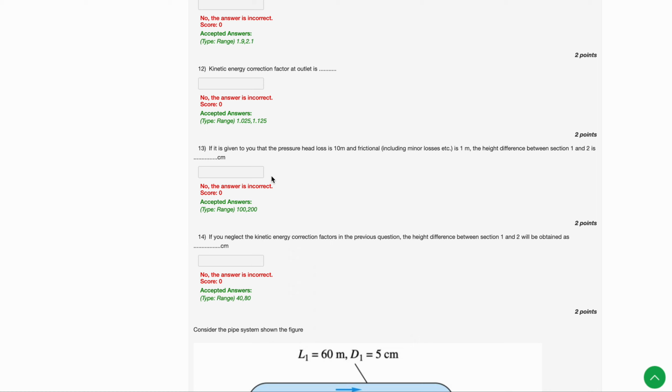That's all, right? So in problem number 13 you have to take the alpha 1 and alpha 2 as we calculated. For problem 14, take alpha 1 equal to alpha 2 equal to 1. So that is what you need to solve yourself and just match the answer.